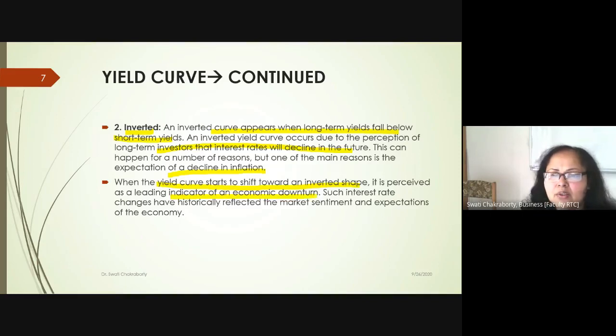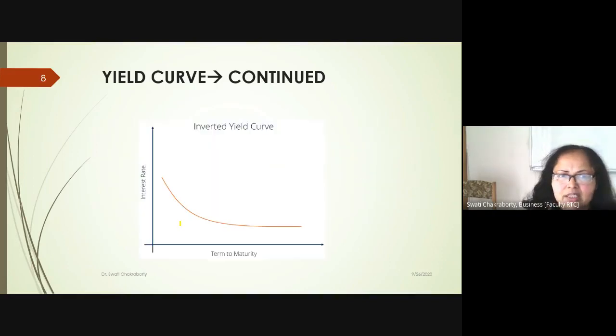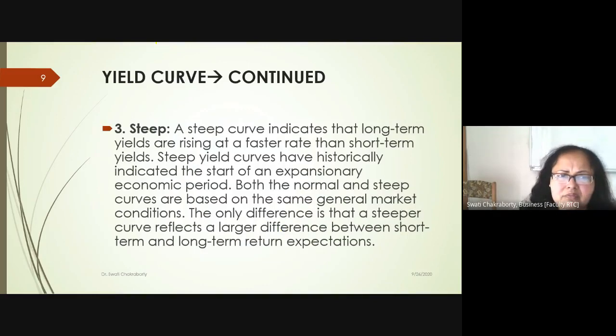Such interest rate changes have historically reflected the market sentiments and the expectations of the society and the economy. So this is an inverted yield curve, where it's best to go for a short-term investment. The third type is a steep curve, which indicates that long-term yields are rising at a faster rate than short-term yields.